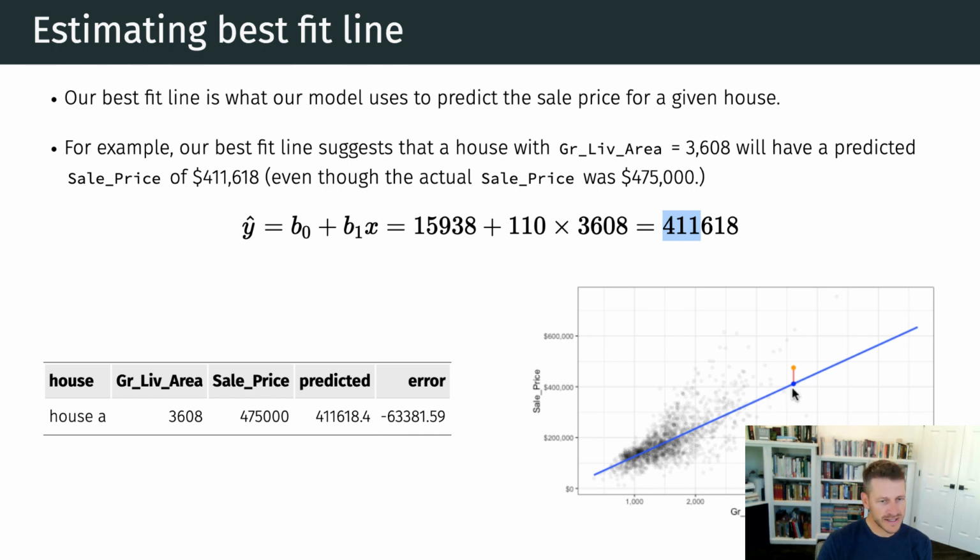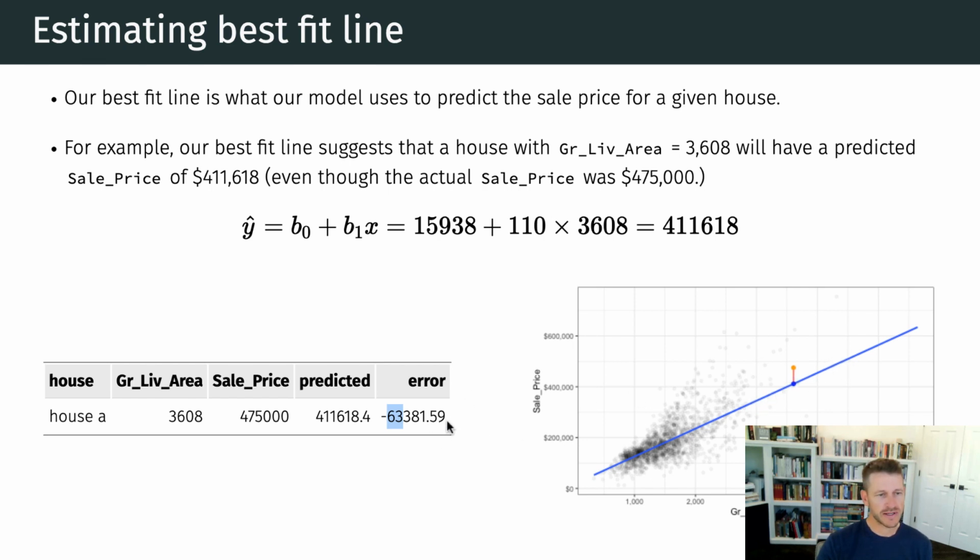So the predicted value, this point on our blue best fit line, is 411,618. All right, so we can see that the prediction is off from the actual value. It's off by 63,000. This is the error, right? The error is what our blue line predicts versus what the actual price is.